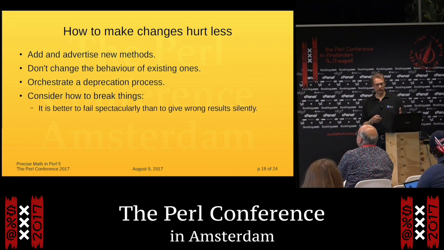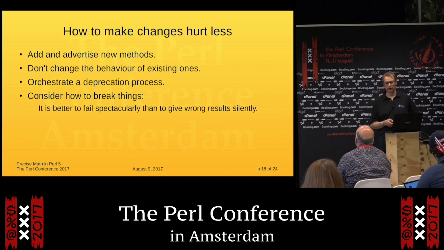So the old ones and the new ones can probably coexist. Or if I really want to get rid of what the old method did, I can orchestrate some sort of deprecation process.